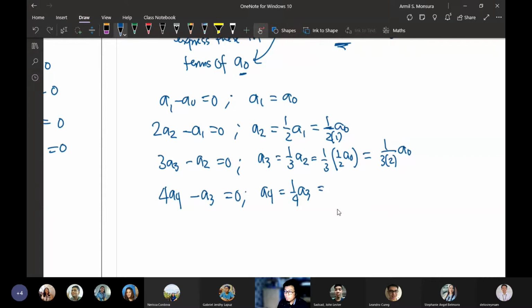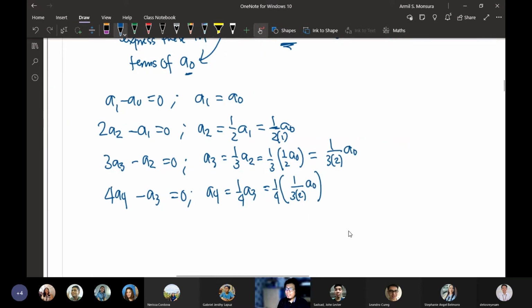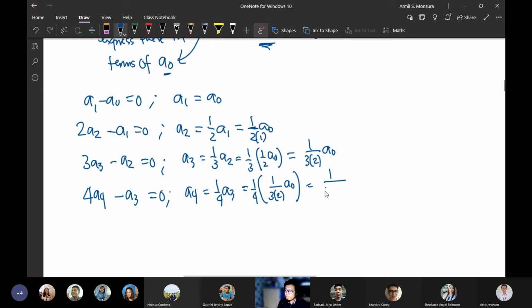Which is yung 1/4, okay, nung a3, but a3 is ito. Okay? So yung a3 is 1 over 3 times 2 of a0. Okay? Which makes this 1 over 4 times 3 times 2 times a0.